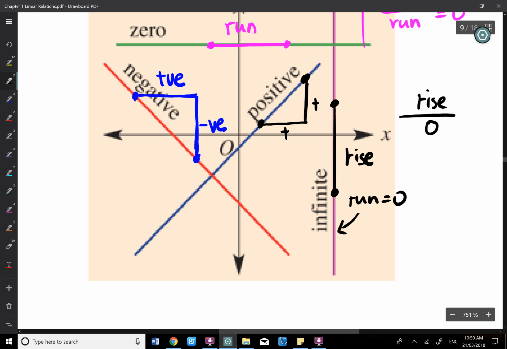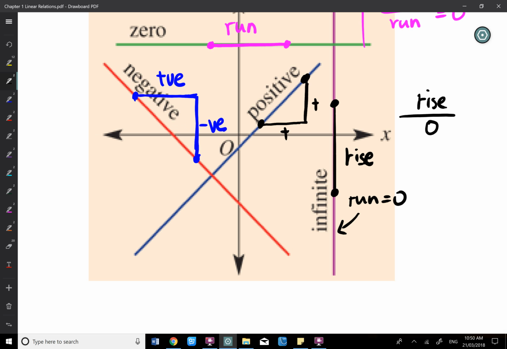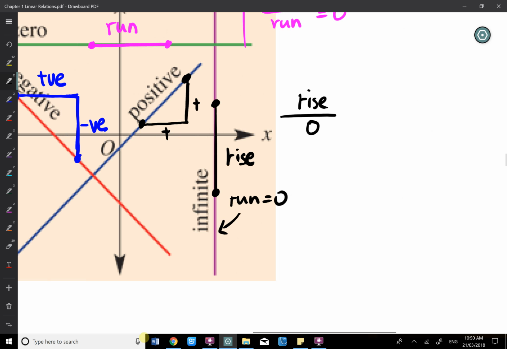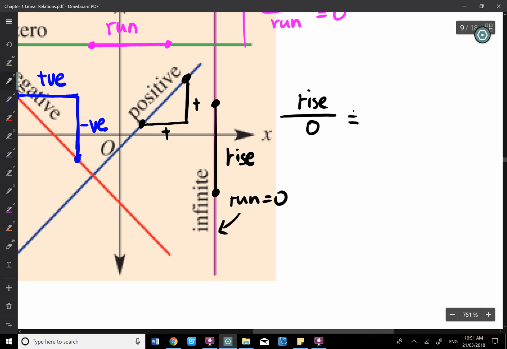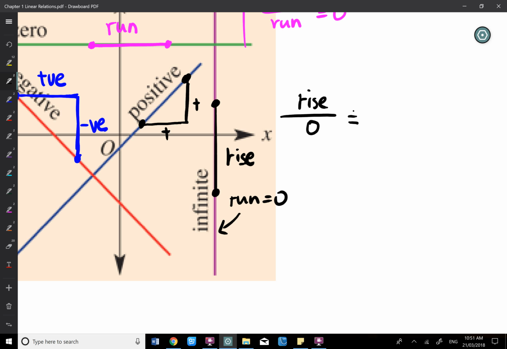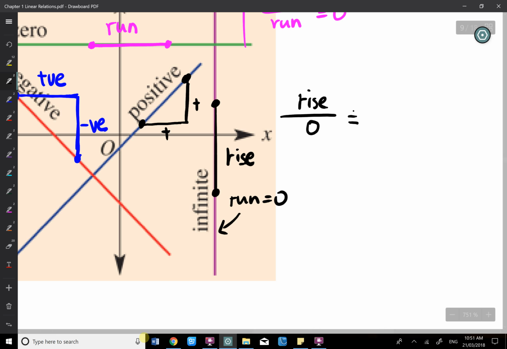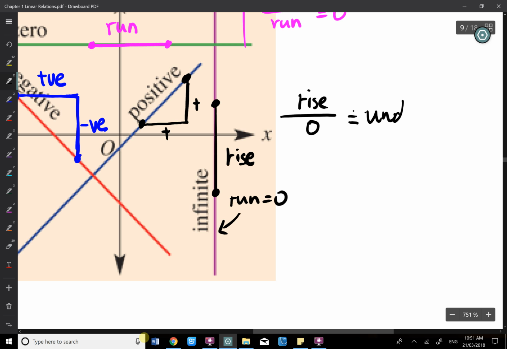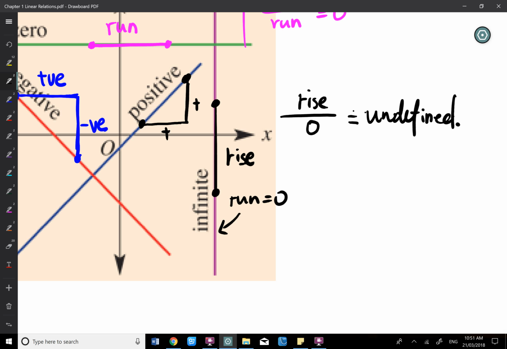What do you think the value will be? Undefined, not 0. 0 divided by anything will be 0, but anything divided by 0 will be undefined, because I can't evaluate that.